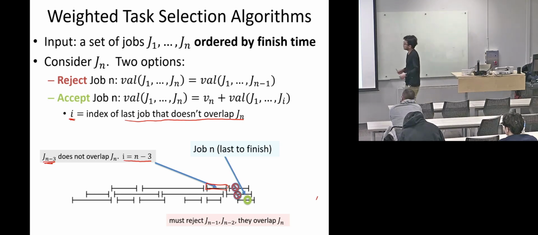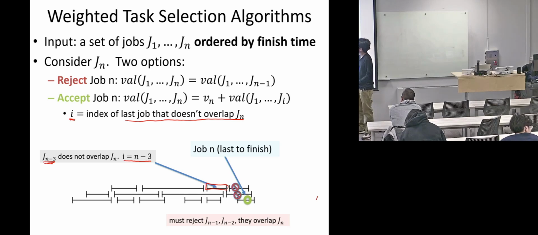Then once you know that the jobs after it cannot be in the solution anymore, the optimal value is going to be just Vn plus the optimal value of every job up to this guy. Okay.